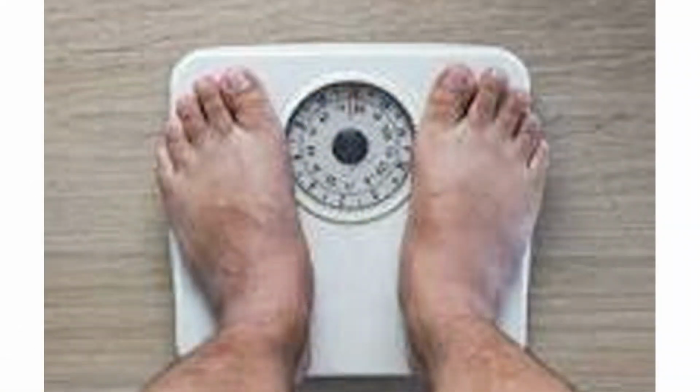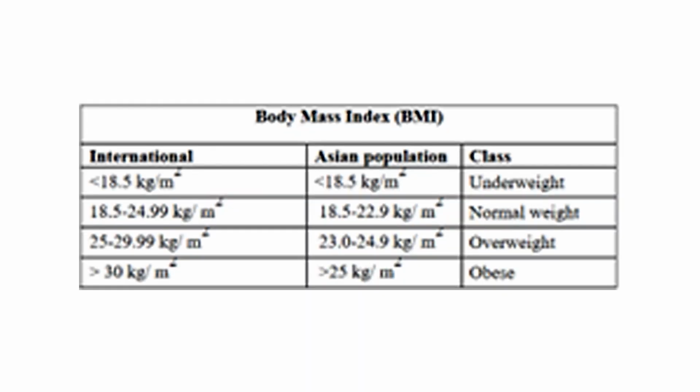Using body weight and height, we can assess the BMI and compare it with the standard values. If our BMI is within the normal range of 18.5 to 22.9, we maintain good nutritional status.